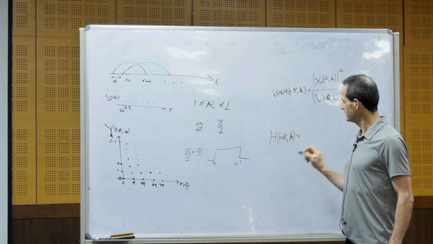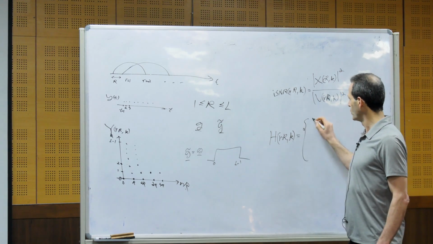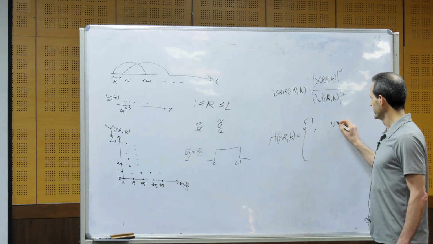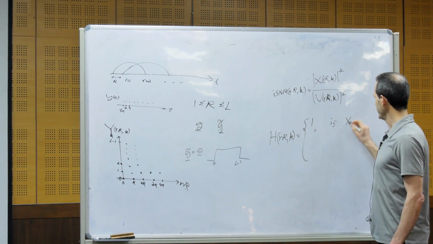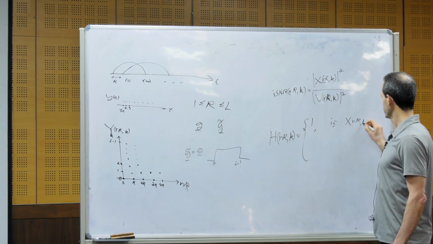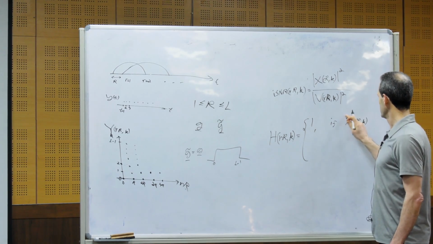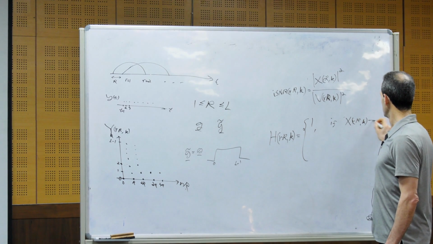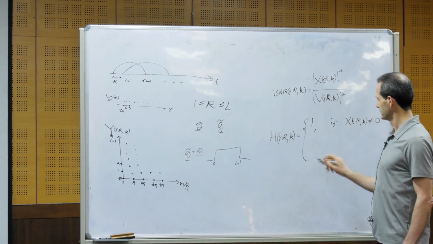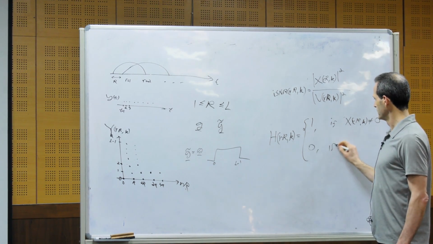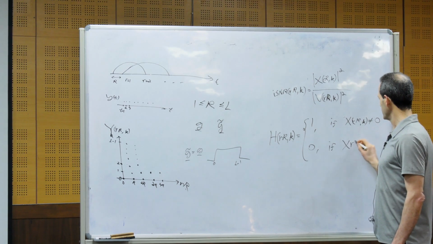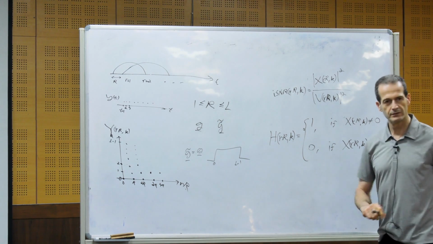So it can be 1 if X(r,k) is not 0, and 0 if X(r,k) equals 0.